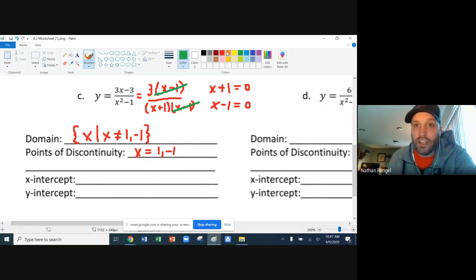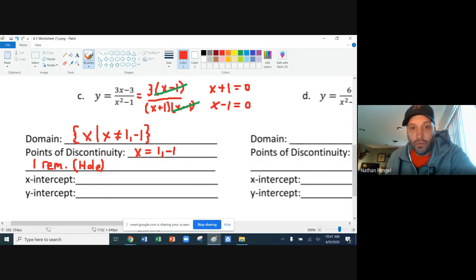So we are going to say that 1 is removable. I'm just going to abbreviate that, REM, and then I'm just going to put in parentheses that does mean that it makes a hole at that point. And when we graph this, we'll see that hole forming. And then -1, so this x plus 1, this point of discontinuity, -1, does not remove, so -1 is non-removable.